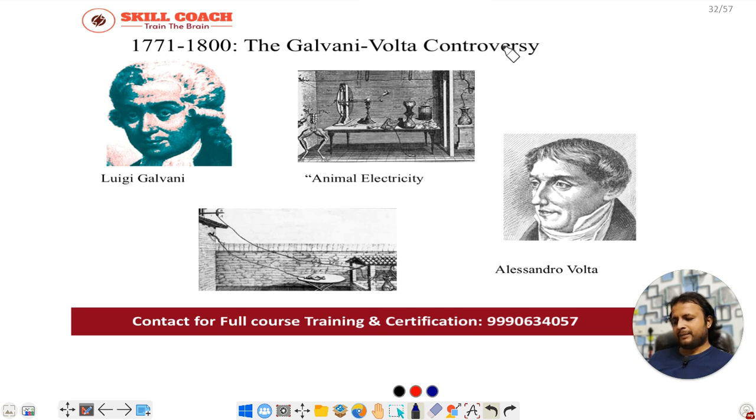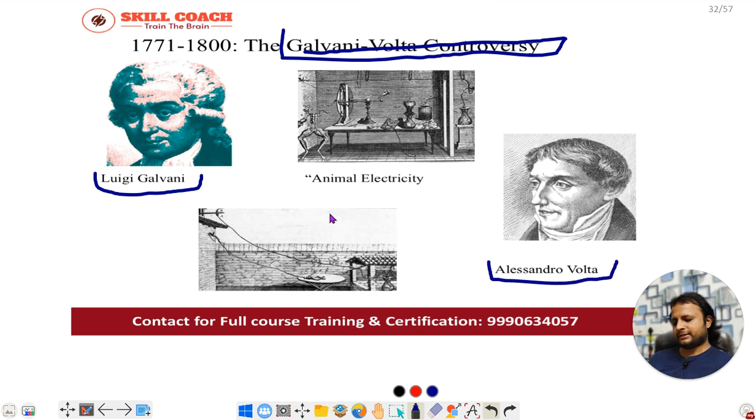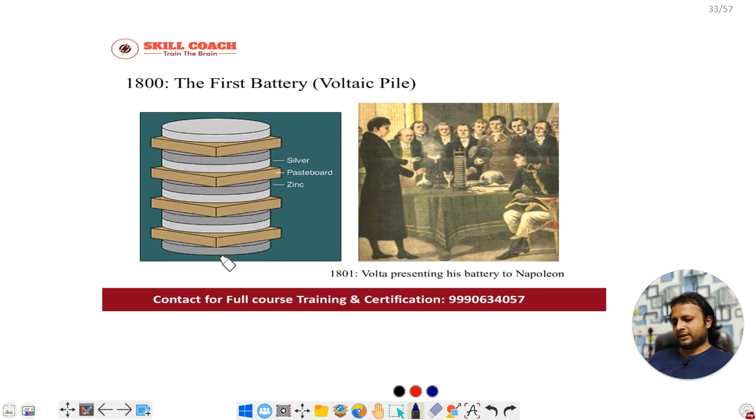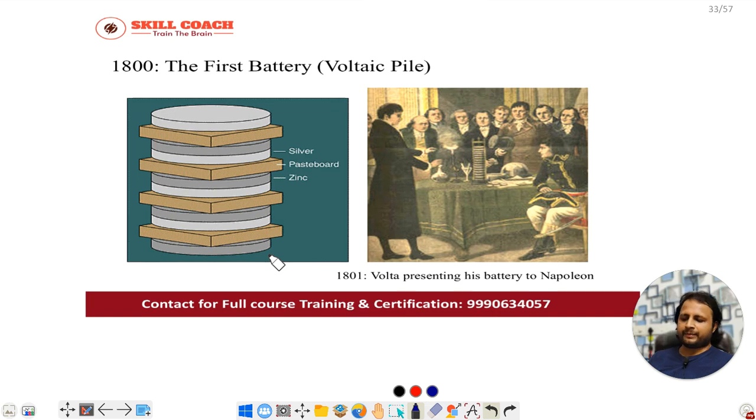Here you can see the Galvani-Volta controversy: Luigi Galvani and Alessandro Volta, and animal electricity, and the first battery, the voltaic pile.